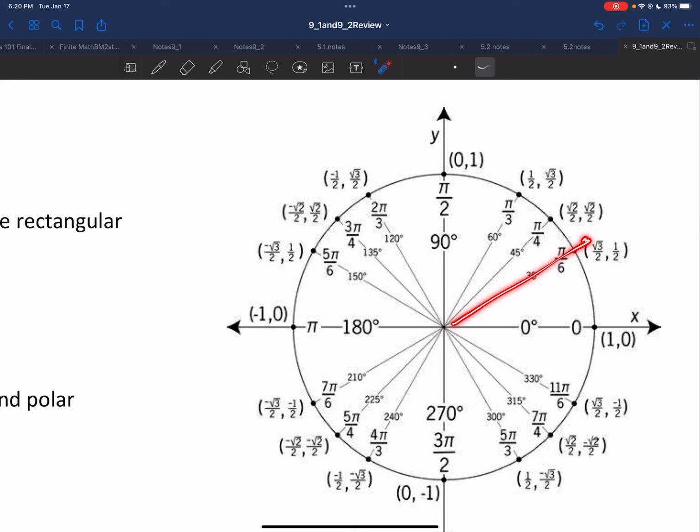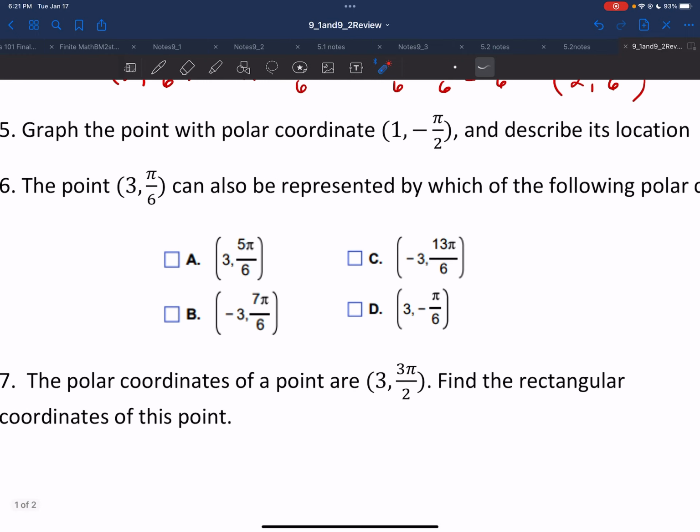And so it said, is 5π/6 the equivalent? No. It is actually reflected across the y-axis. π/6 and -π/6? Nope, that's reflected over the polar axis. So those are not equivalent. So I can get rid of those right away. So this one's out and this one's out.